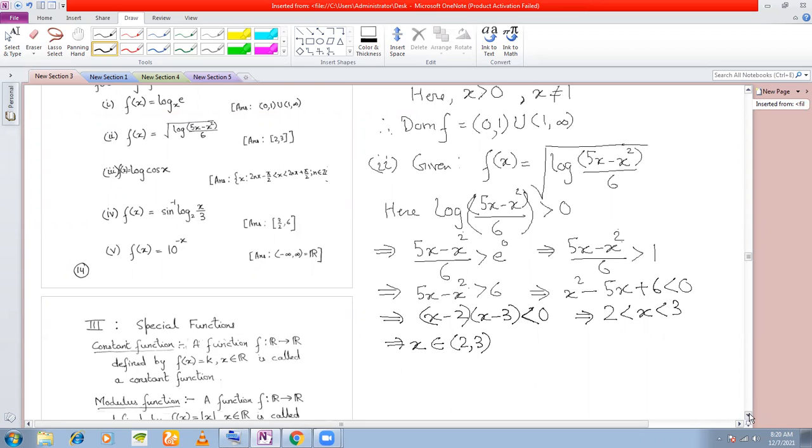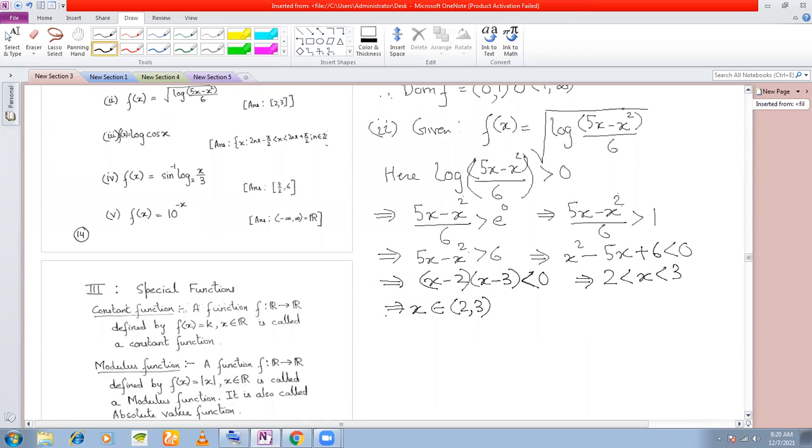What is the next condition? Whatever value you have inside the log must be positive.